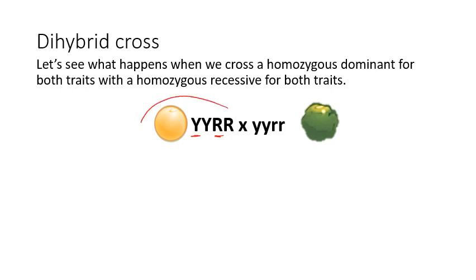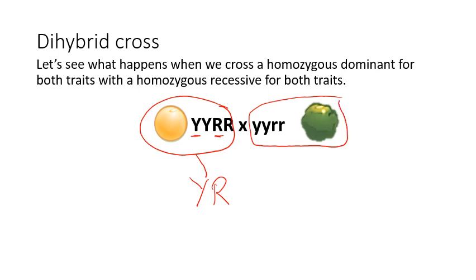So this pea, the yellow smooth pea, can only pass on a capital Y and a capital R. Our green wrinkled pea, on the other hand, can only pass on the lowercase y and the lowercase r.